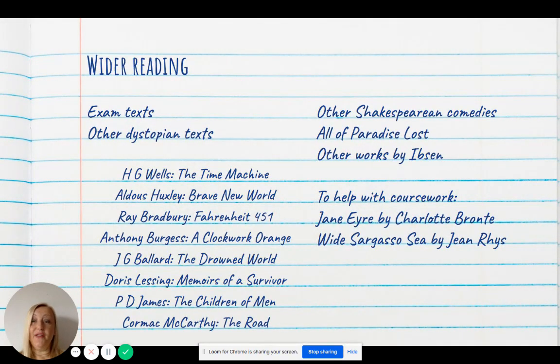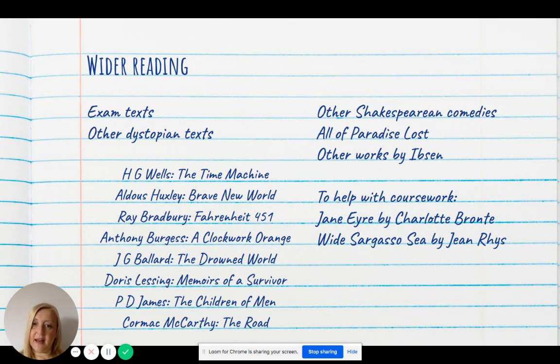But I know that all of you are desperate to do some wider reading, so here we go. With the dystopian exam, what you are being asked to show an understanding of is how well you understand that particular genre. And we can only understand a genre if we've read widely around it.